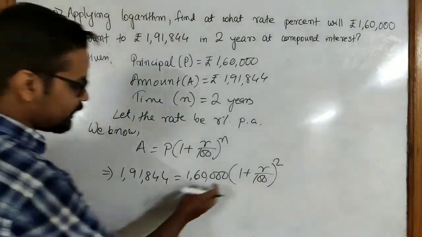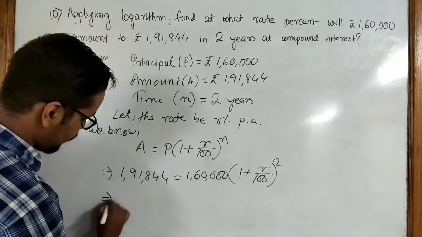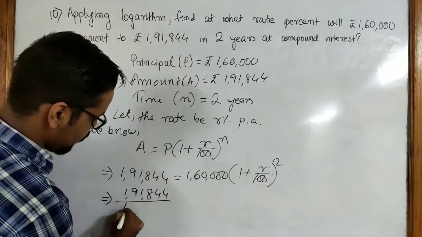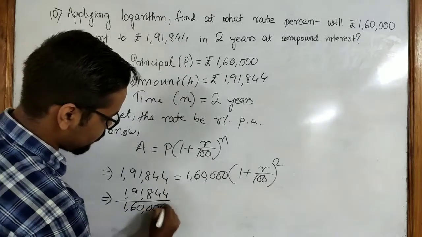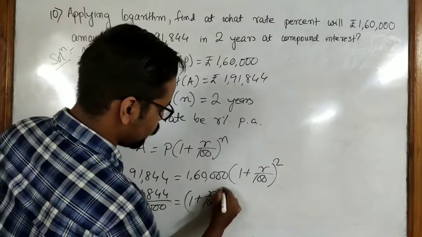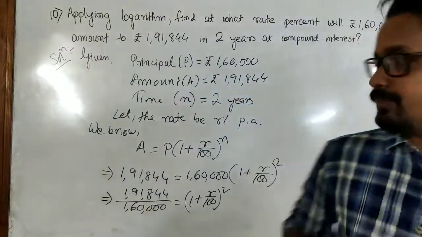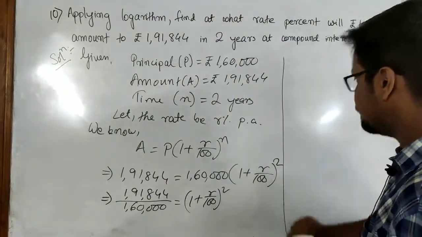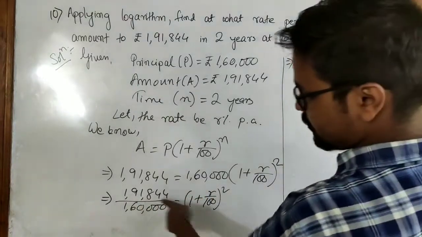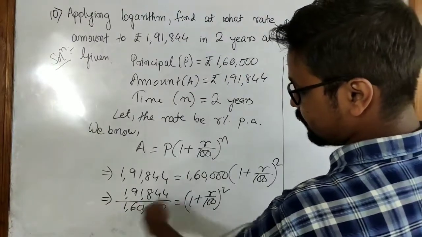So let's do one thing, let's bring this down and we will get 191,844 by 160,000 equal to (1 plus R by 100) to the power 2. So let's move ahead and continue here. I think this is going to be divisible by 4.